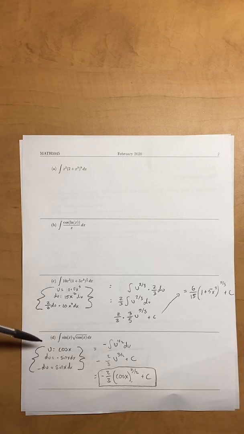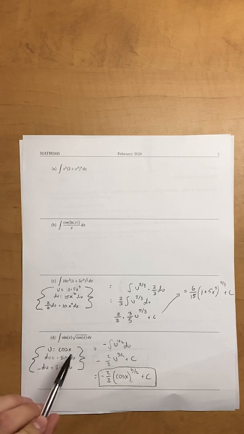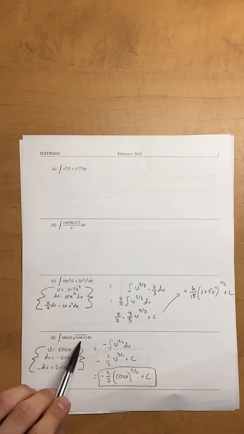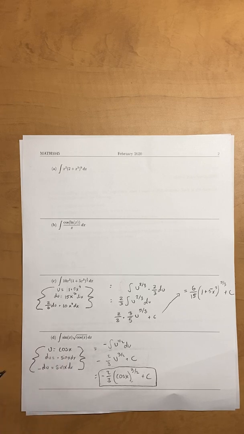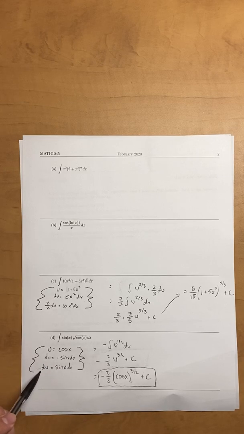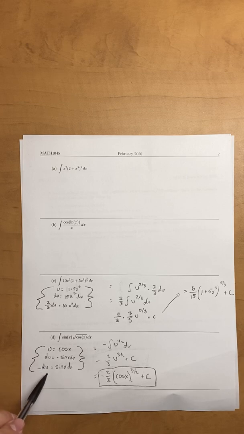And for question D, we have the integral of sine of x times the square root of cosine of x. So I made u cosine of x because once again it's inside the square root, and I know that deriving cosine of x will get you sine. So the derivative of cosine is negative sine x, and I then took the negative and moved it over to the other side, where negative du equals sine x dx.